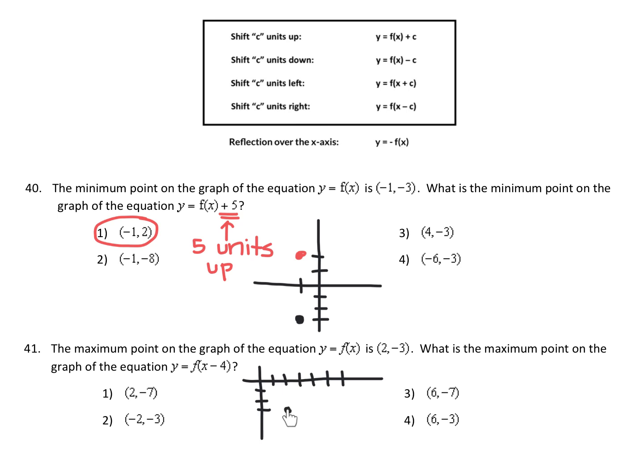If I'm at (2, -3) and I go 4 units to the right, so 1, 2, 3, 4, I'm going to be right here. This is at (6, -3). Let me put a point right here. So I'm moving 4 units to the right, and my answer is going to be choice 4, (6, -3).